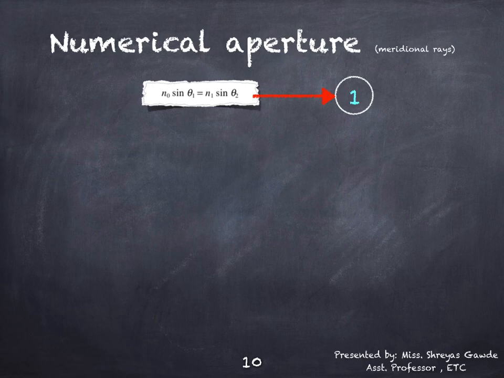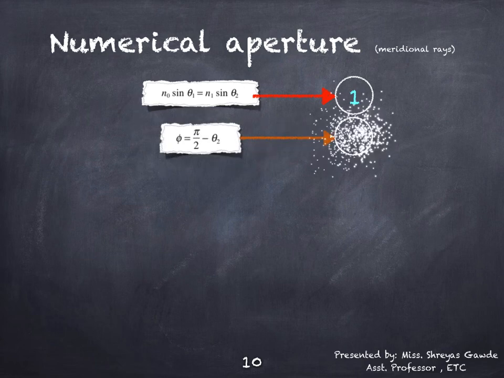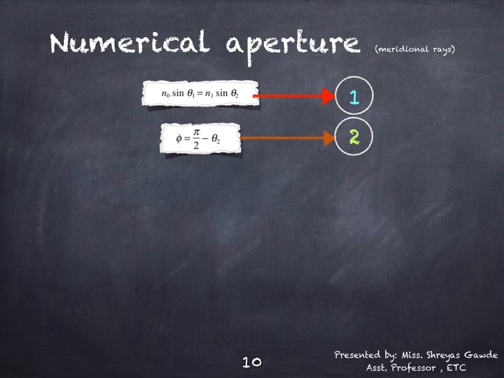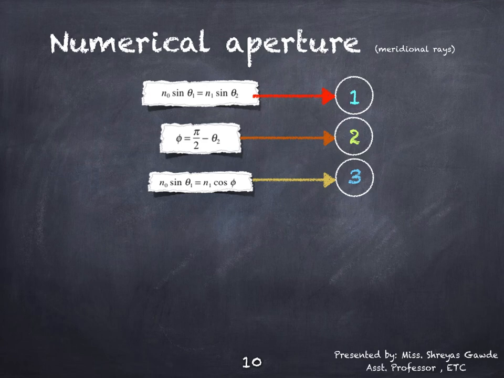Now, considering the right angle triangle ABC as indicated in the figure in the previous slide, we have phi = π/2 − θ2, where phi is greater than the critical angle at the core cladding interface. Hence, equation 1 becomes n0 sin θ1 = n1 cos phi.